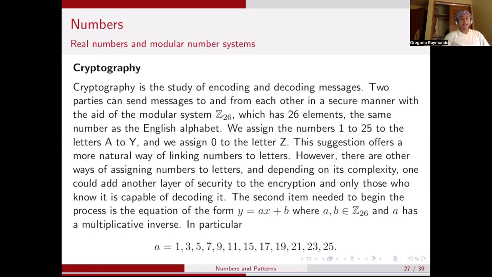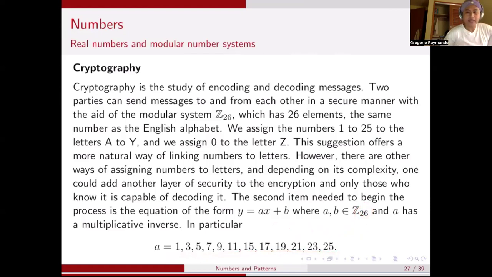Dahil may multiplicative inverse si a, ang mga numbers lang na pwede dito ay 1, 3, 5, 7, 9, 11, 15, 17, 19, 21, 23, 25. Ito yung mga numbers between 1 to 25 na walang common factor with 26.